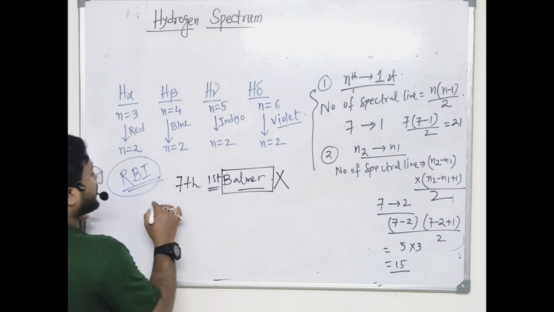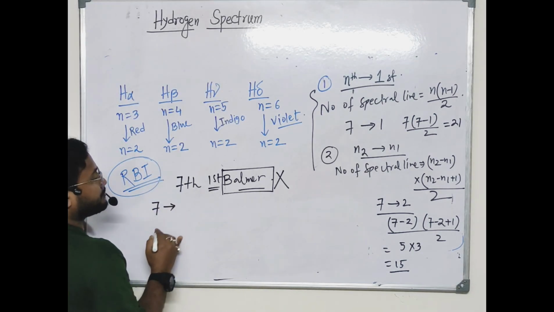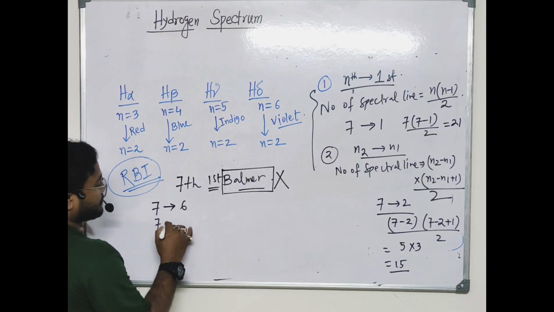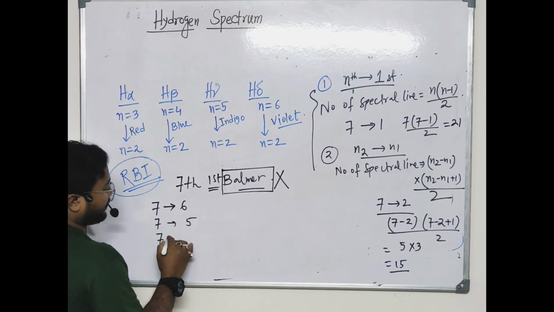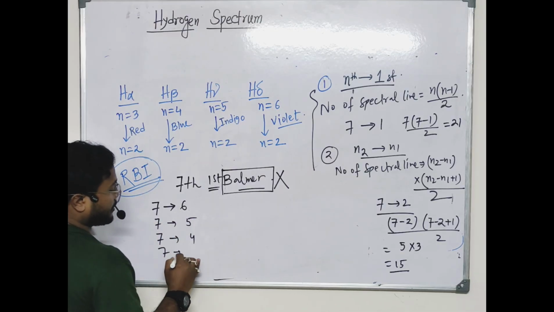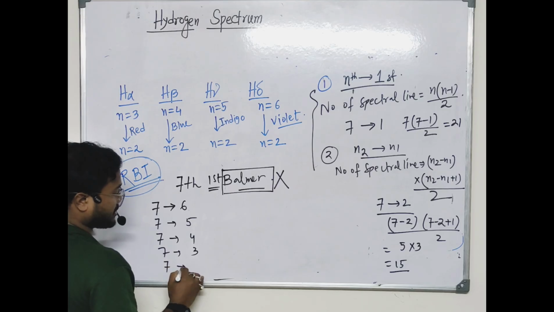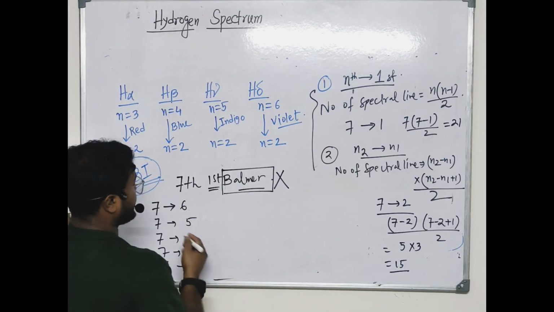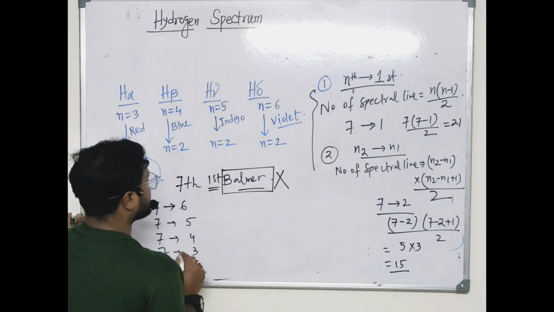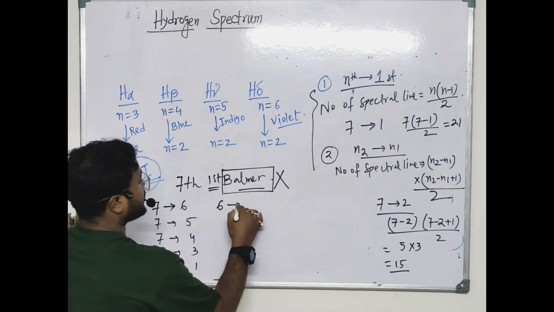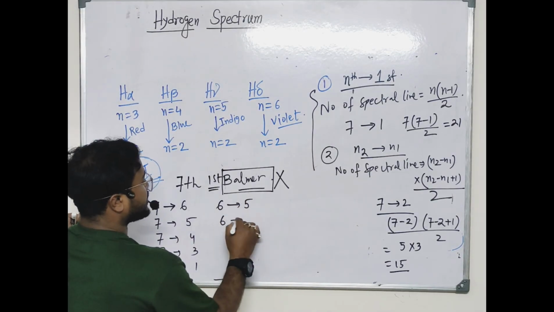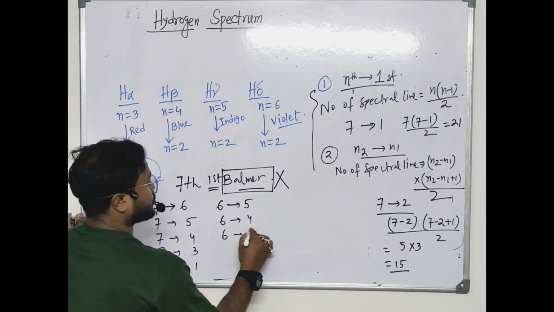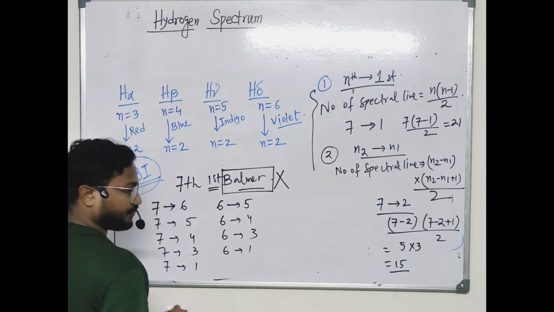See, first possibility, it is going from 7 to 6, 7 to 5, 7 to 4, 7 to 3, 7 to 1. 2 I have not considered. Next, starting point is 6: 6 to 5, 6 to 4, 6 to 3, 6 to 1.